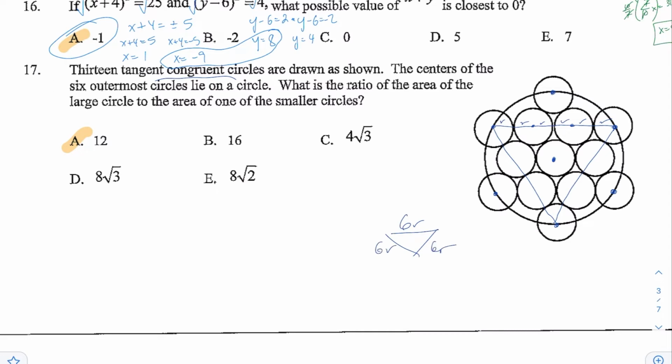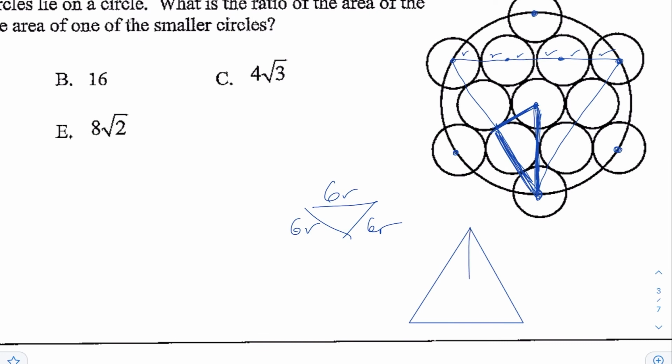And what you want to find is this radius here. And if you have an equilateral triangle, you can break it up into a lot of smaller shapes. So you can drop the altitude, which breaks it down into two 30, 60, 90 right triangles.